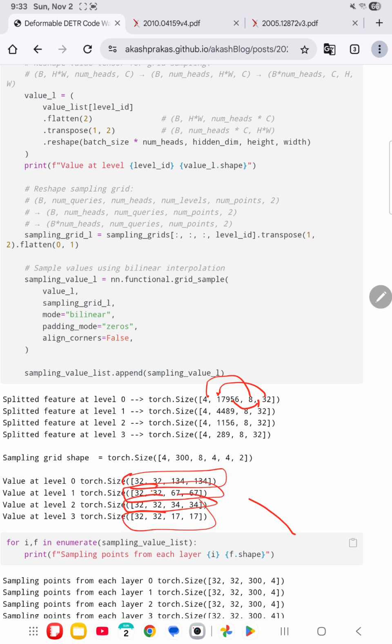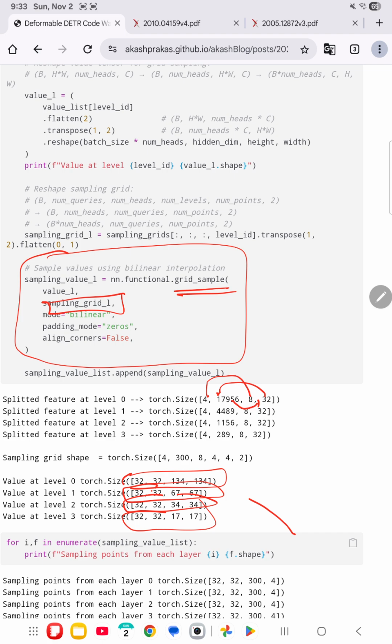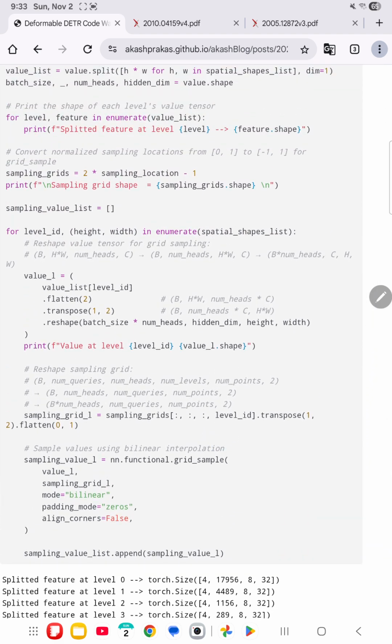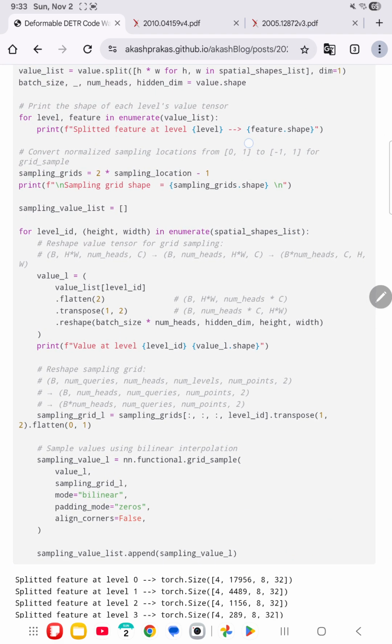Because this grid sample function requires the value to be in this shape, and the grid to be in the range -1 to 1. So for the sampling locations we do that.